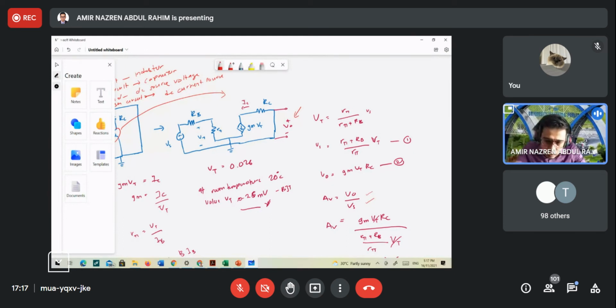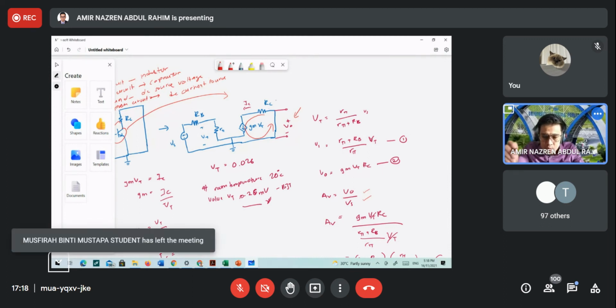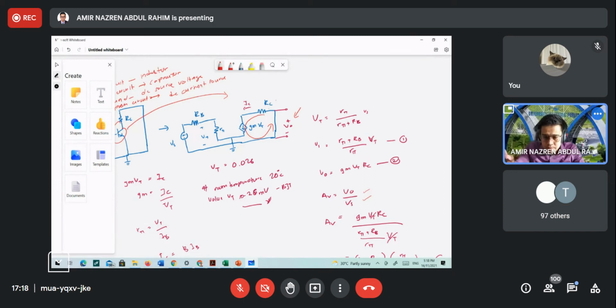So this voltage Vout equals the voltage around here. gmVT conveys the current. So current times the resistance RC, we get the voltage. That's why Vout equals gmVT times RC. This voltage represents Vout. Okay, first, we got the formula for Vout.